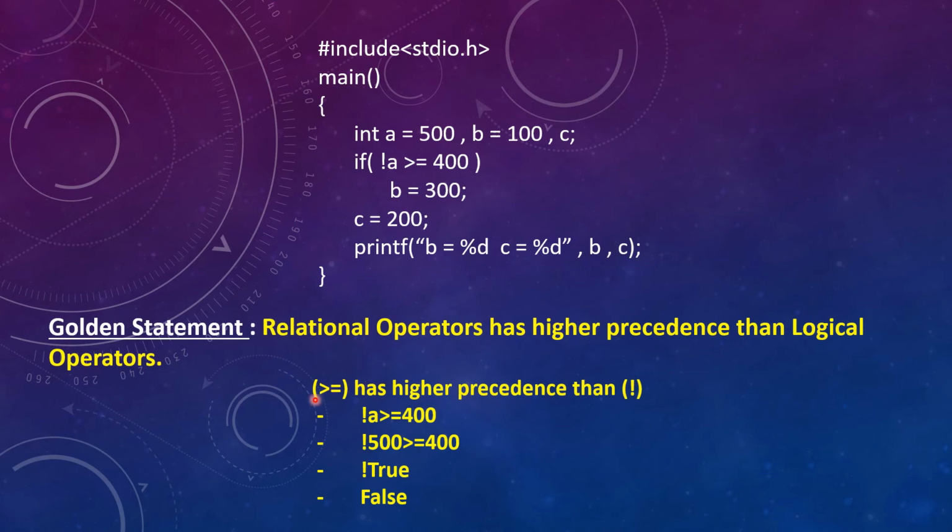So as we know, greater than equals to has higher precedence than not, because relational operators has higher precedence than logical operators, correct? Therefore not of A greater than equals to 400 means not of 500 greater than equals to 400. So at first you need to solve this greater than equals to part. So 500 is greater than equals to 400, which is true, right? Then not of true, now you will execute logical operator, so not of true will be false. So at last your condition is false.